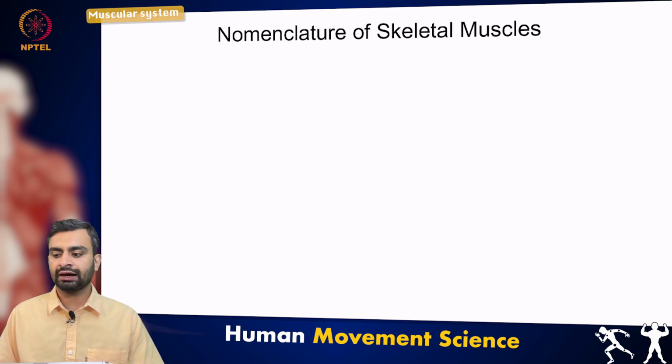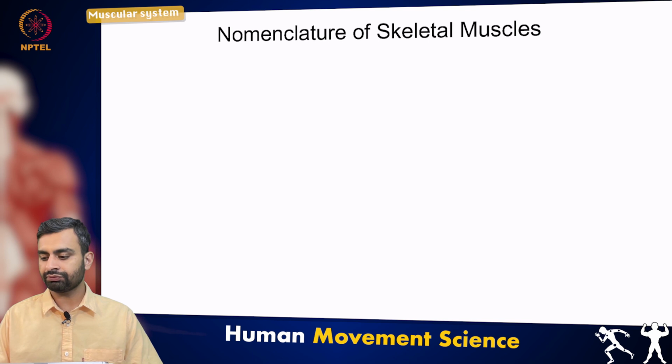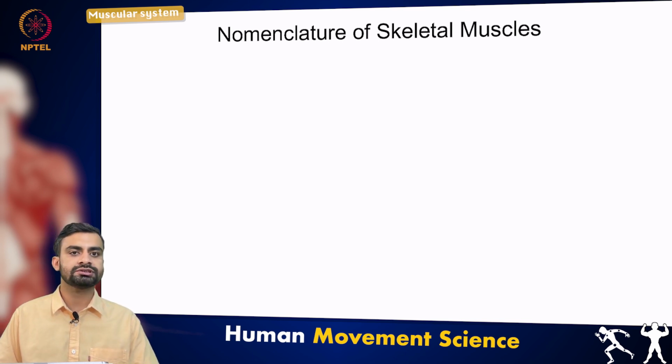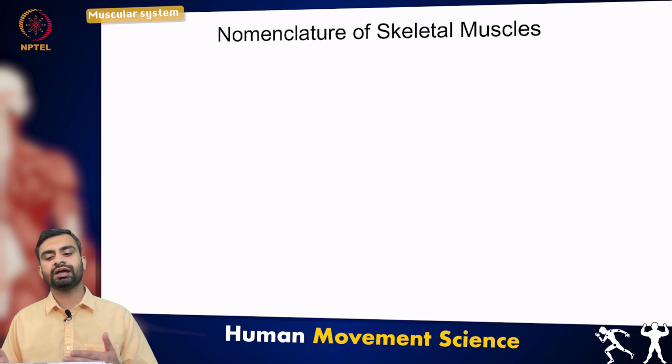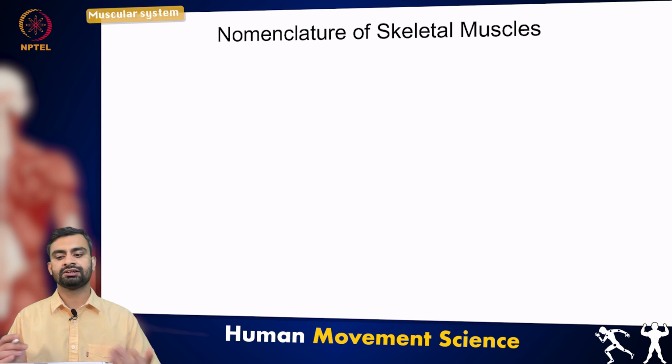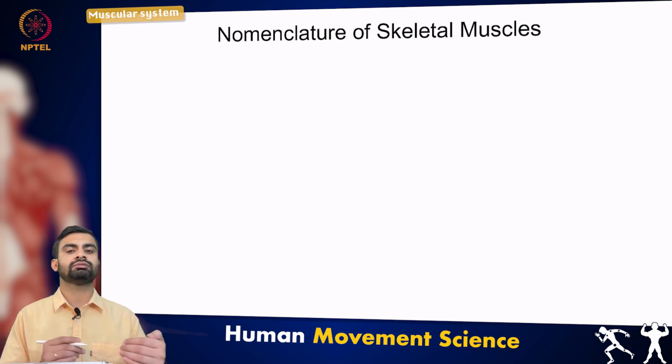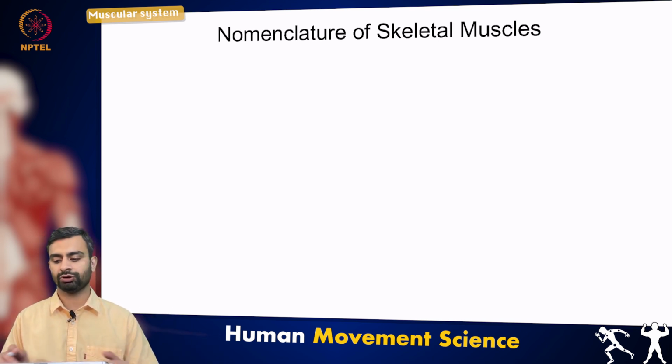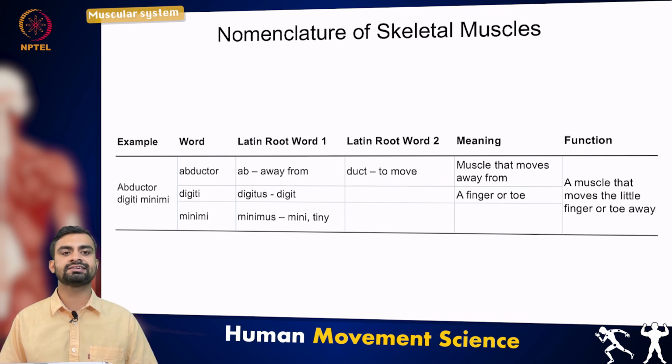Since most of the earlier work was performed by the Greeks and Romans, who used Latin or Greek, till today we are using that nomenclature in our understanding of the human body. Let us look at this example.